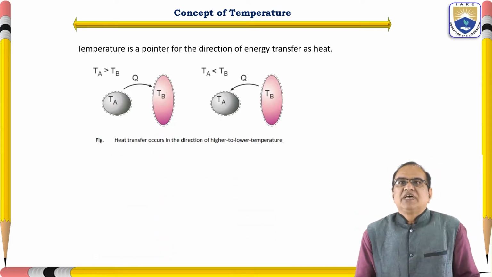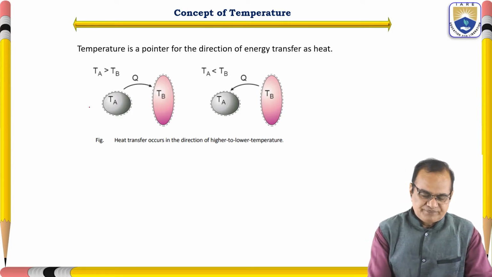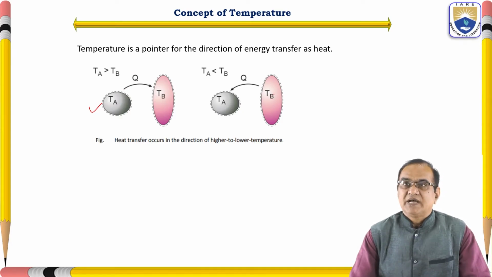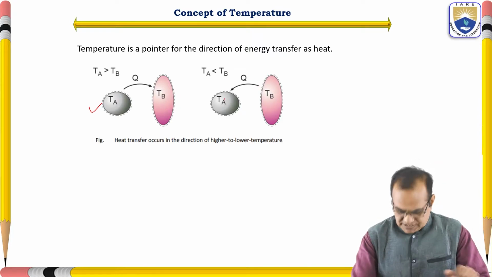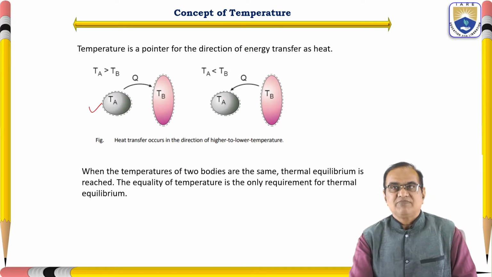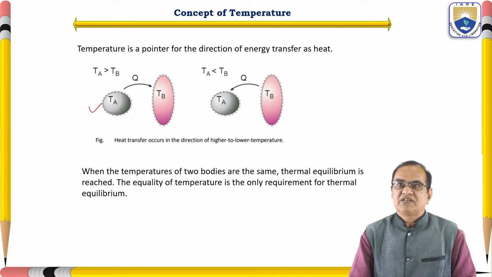This is shown here: if TA, the temperature of A, is greater than the temperature of B, the heat will transfer from A to B. And in this case, B is at higher temperature, so heat will transfer from B to A. This slide I have already explained in my previous class, so I will not take much time on this. When the temperatures of two bodies are the same, thermal equilibrium is reached. The equality of temperature is not the only requirement for thermal equilibrium.